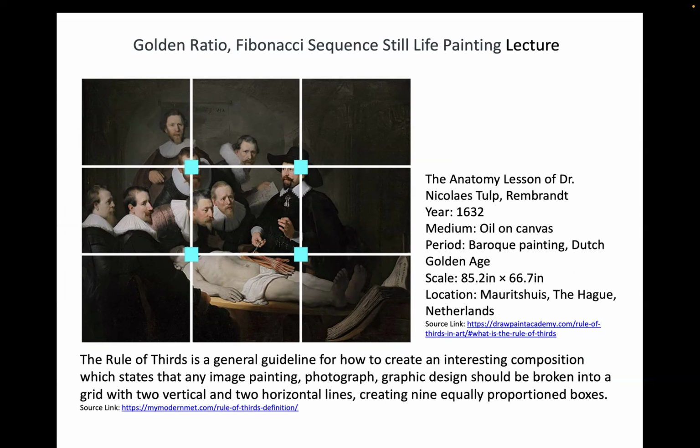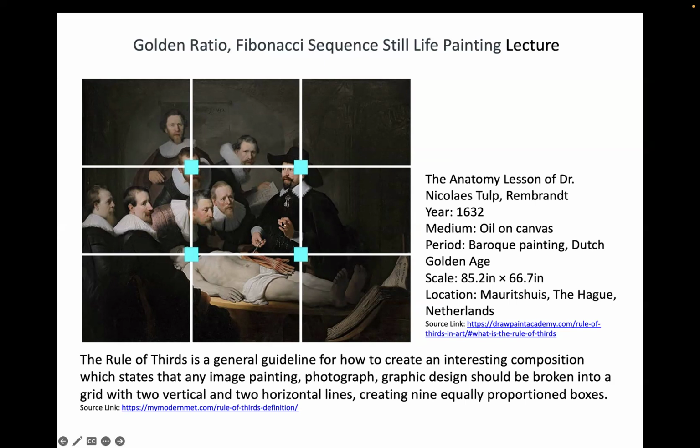Let's look at this specific painting, The Anatomy Lesson of Dr. Nicolaes Tulp, by the artist Rembrandt in 1632. This is an oil painting he was working on during the Baroque Dutch Golden Age. If we look at this example, you can see that Dr. Tulp is performing an autopsy with his medical students here on the left.